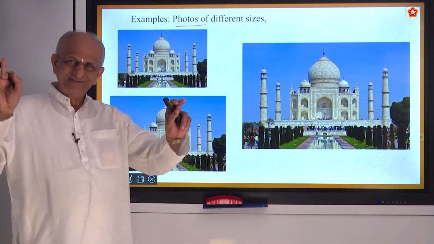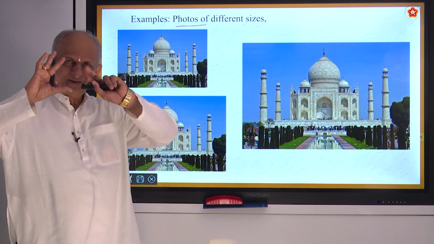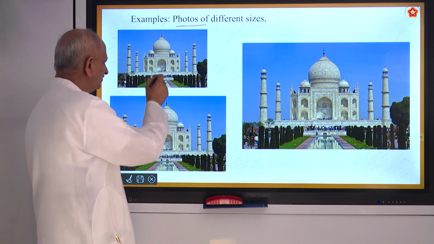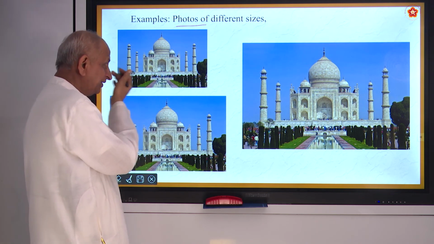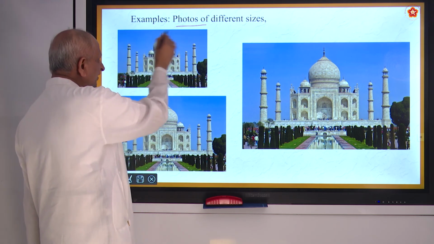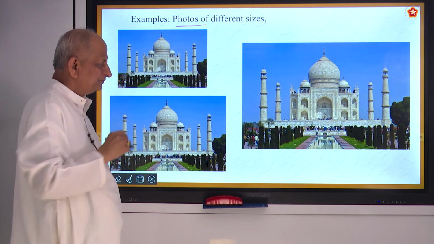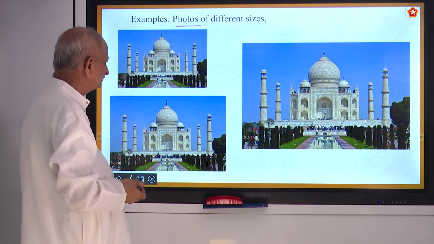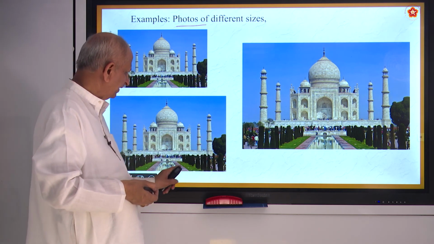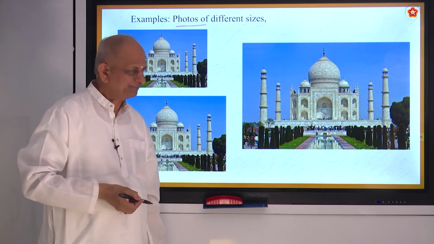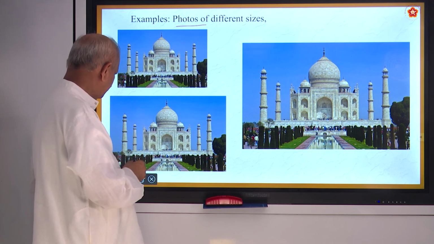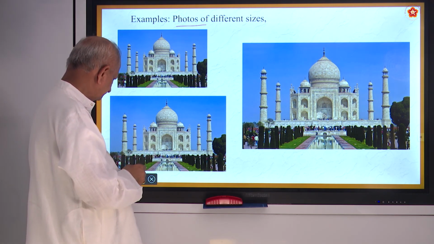In all this, the photo of the person is the same. Here also, see, this is smallest. Taj Mahal is the same in all three. And the shape also is the same, this is a rectangle. But sizes are different. So this is the smallest size. This is a little bigger. This is biggest. Alright? Are you understanding? These are called similar figures.